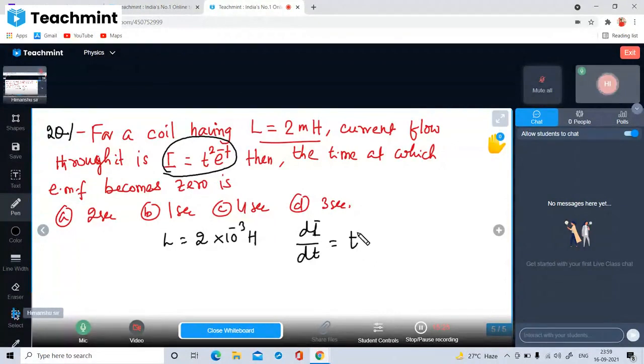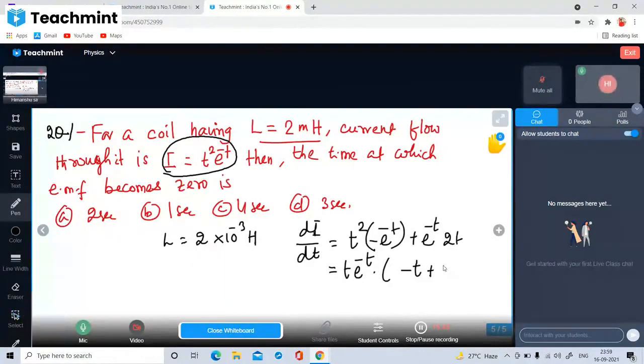So keep t square as it is, e to the minus t's derivative is e to the minus t, then plus e to the power minus t into 2t. Right. So taking common e to the minus t into t, remaining is minus t, then plus 2.